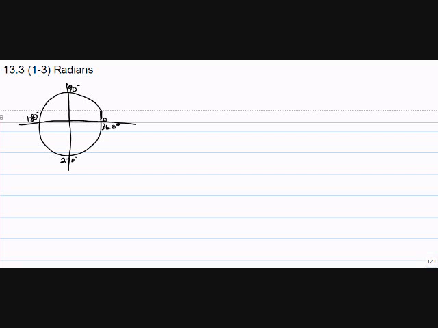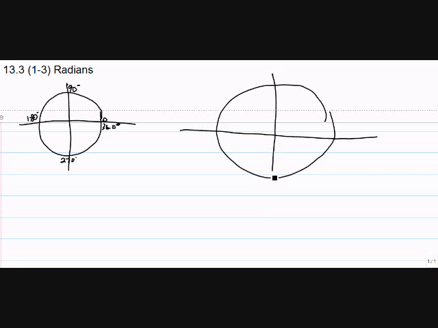We're going to divide the circle into pieces called radians instead of degrees. And there are not going to be 360 of them around the circle. The number of radians around the circle is going to be the circumference of this circle. Now this is a unit circle.